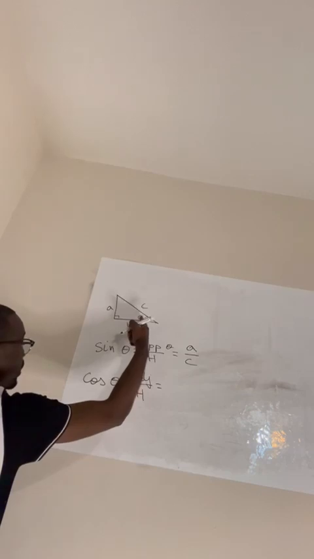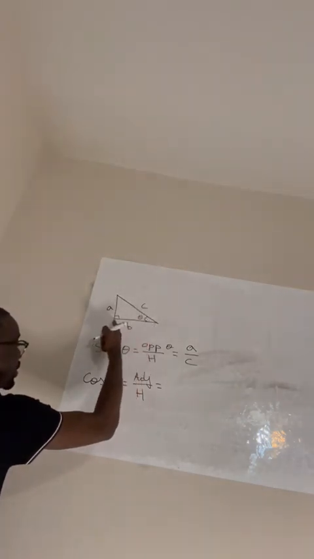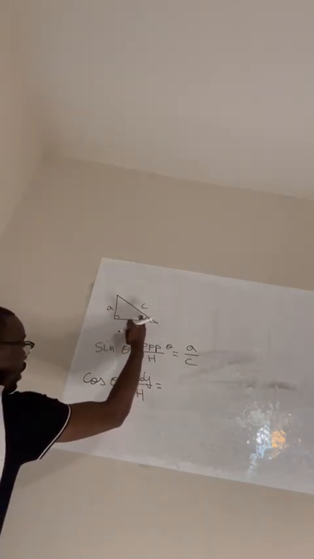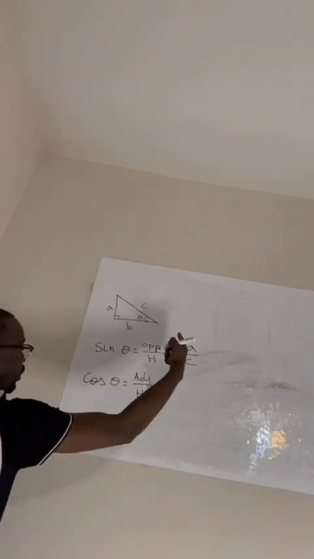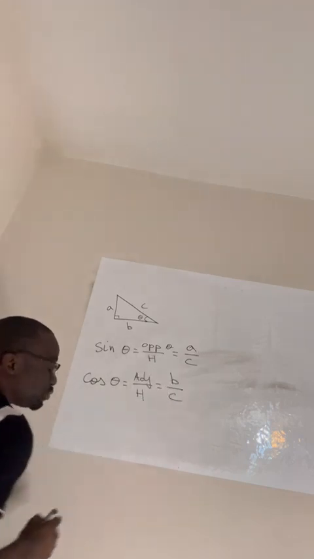In this case, cosine of theta will be, what's the adjacent side? It's this side which is attached to the angle, but which is not the hypotenuse. So it's B in this case, B over C.